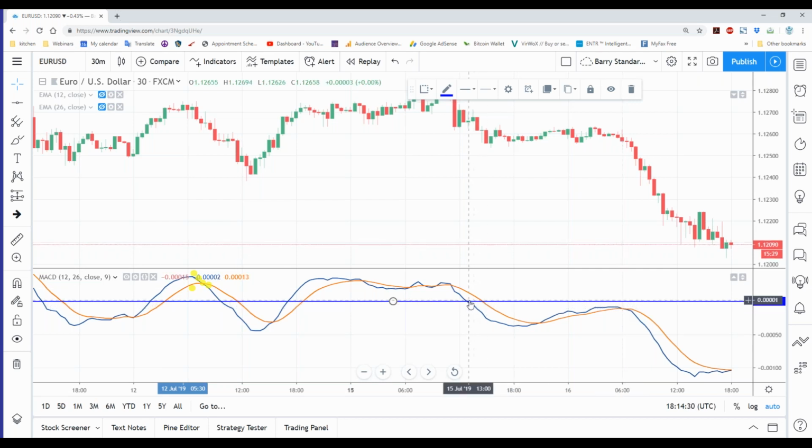When they cross the zero line, it's also giving us directional clues and momentum. So when we see the crossover down here, this is giving us a sell signal. When we see the crossover here, it's giving us a buy signal.